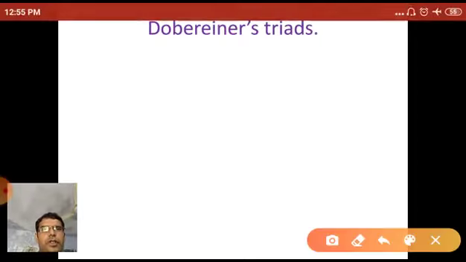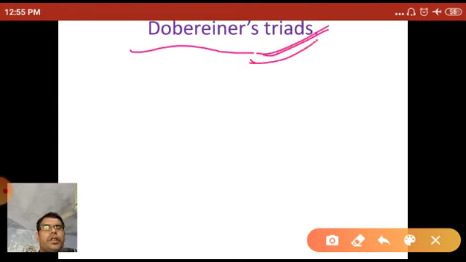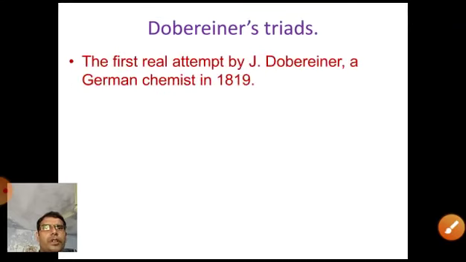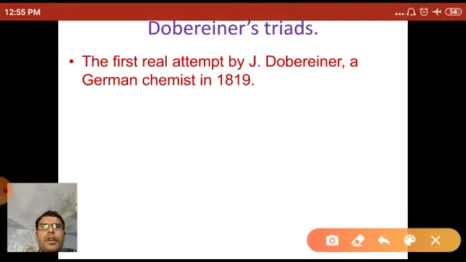The first classification of elements was done by the scientist Dobereiner, and that classification is called the Dobereiner triads. That was the first real attempt, by Johann Dobereiner, a German chemist, in 1819.